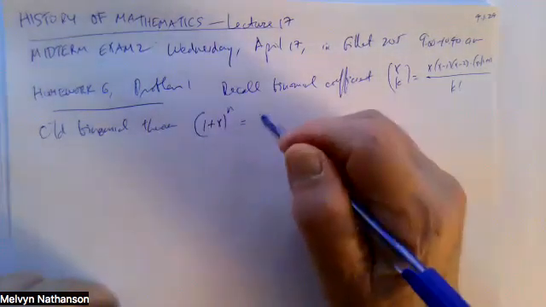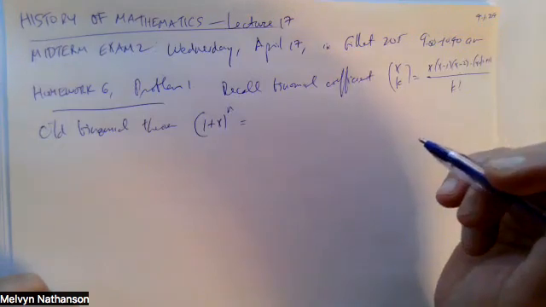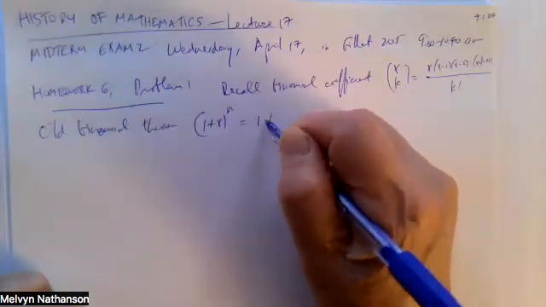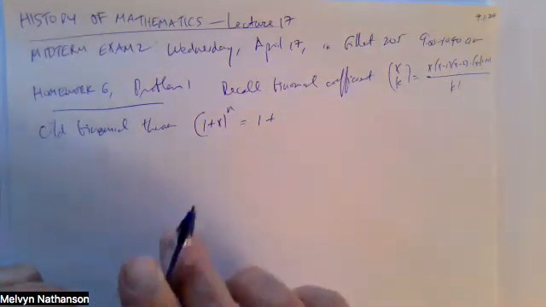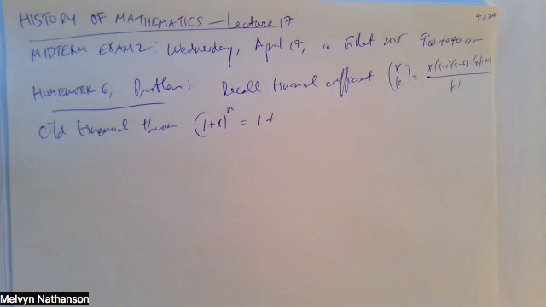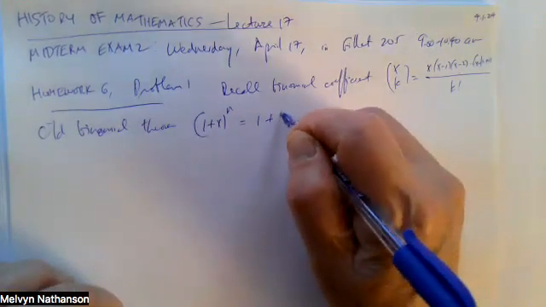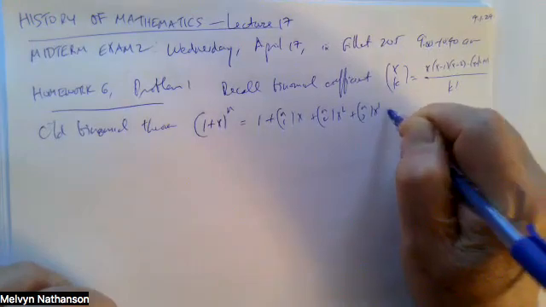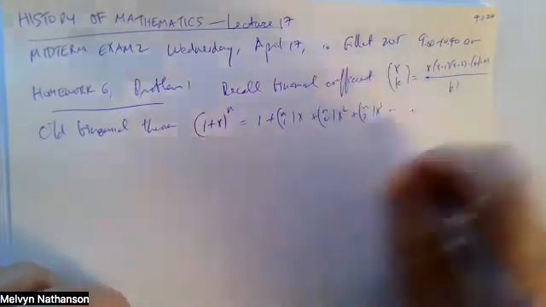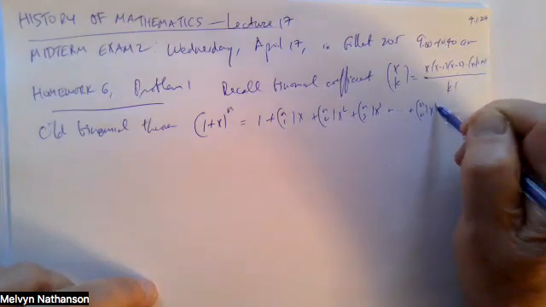This is 1 plus the binomial coefficient n choose 1 times x, n choose 2 x squared, n choose 3 x cubed, until you get to the last term, which is going to be, if n is a positive integer, n choose n, which is 1, x to the n.